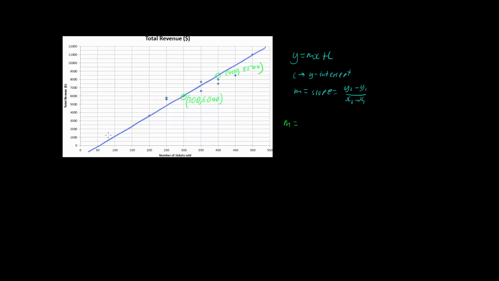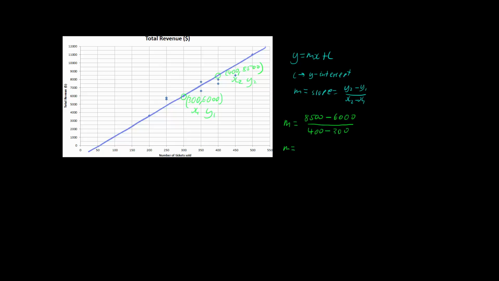If we remember that this is xy, I'm going to call this point 2, and I'm going to call this point 1. So we're going to have y2, which is 8,500, minus y1, which is 6,000, divided by x2, which is 400, minus x1, which is 300.